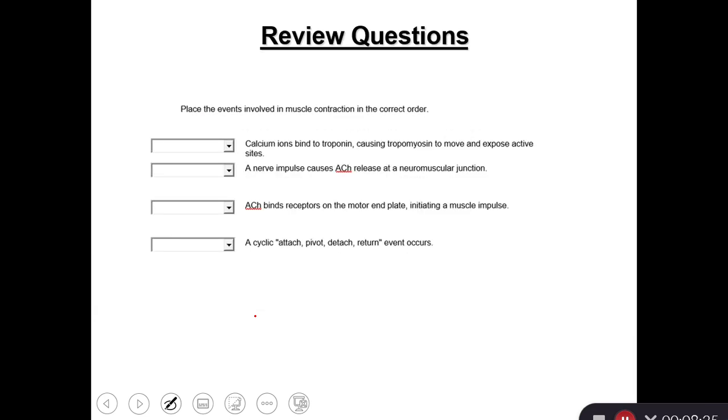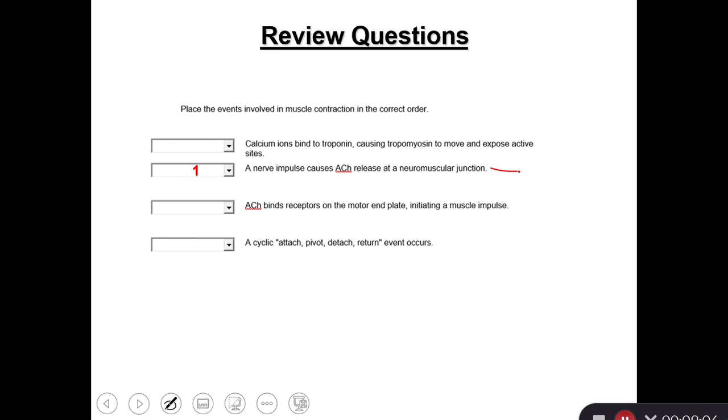Okay, now some review questions. Let's place the events involved in muscle contraction in order. What happens first? What happens first is that acetylcholine is released into the synapse and it stimulates the nicotinic receptors. So here, a nerve impulse causes acetylcholine to be released at the neuromuscular junction.